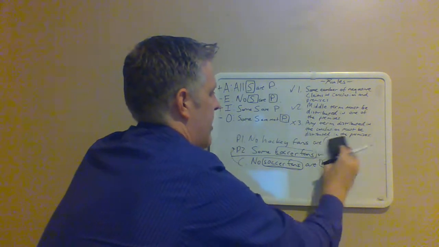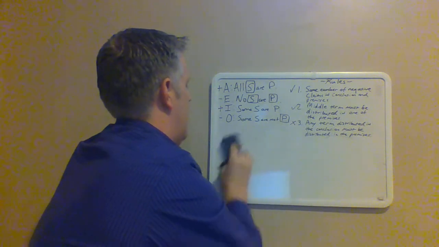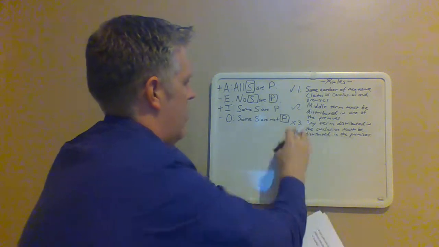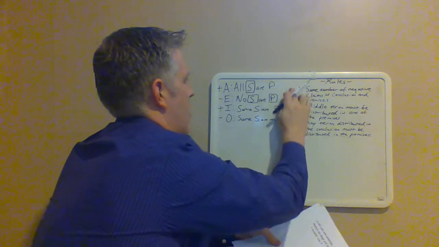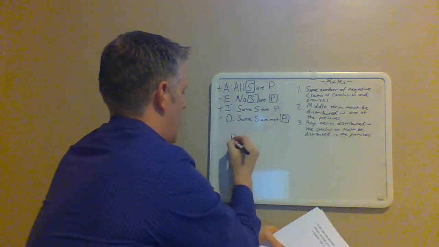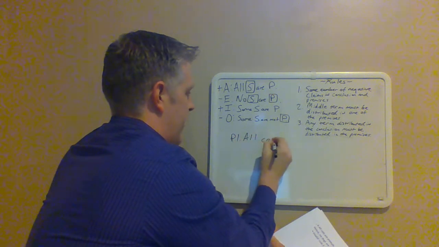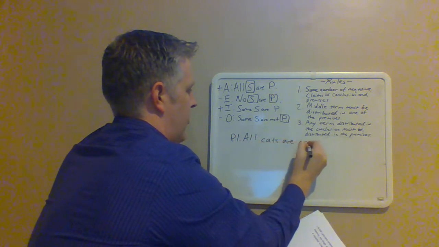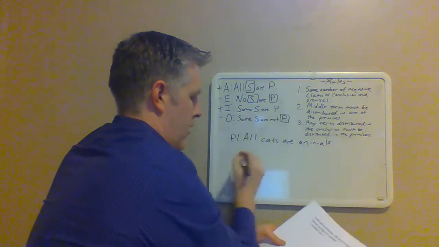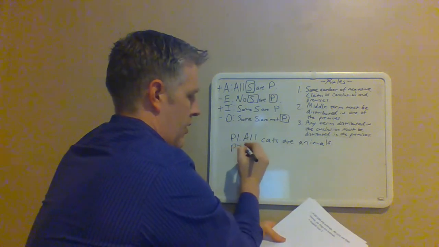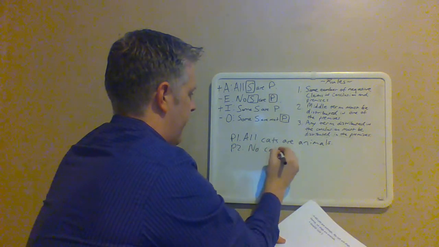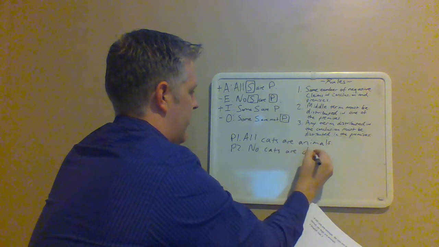Let's do one more example here. Premise 1: all cats are animals. Premise 2: no cats are dogs.